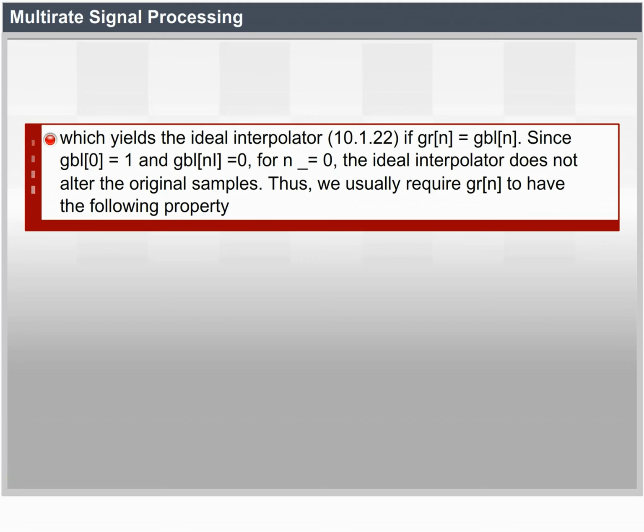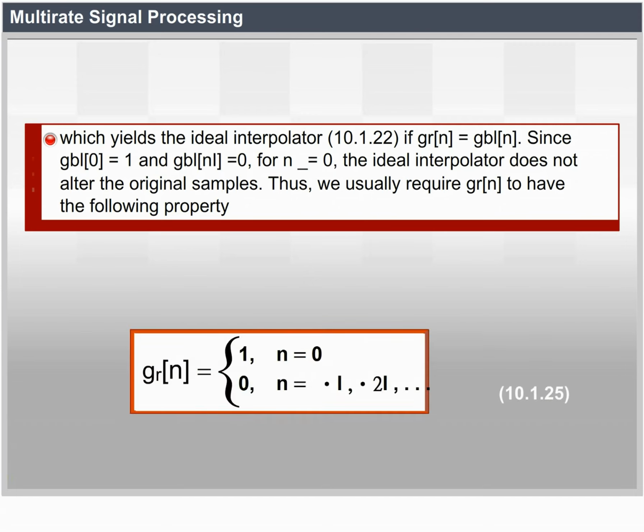Thus, we usually require g_I(n) to have the following property: g_I(n) equal to 1 for n equal to 0, and 0 for n equal to plus or minus L, plus or minus 2L, etc., equation 10.1.25.